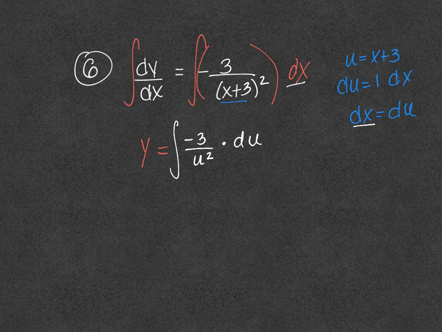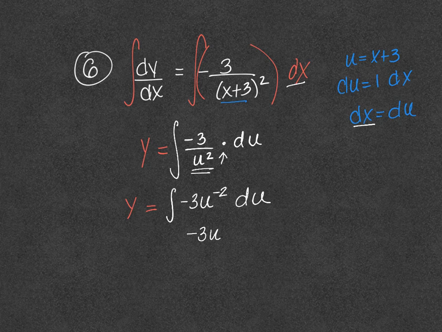Before I can integrate this, I probably should take this exponent and bring it upstairs. So I'll have the integral of negative 3 u to the negative 2 du, which is equal to y. And we can continue the same way. Add 1 to the power and divide by that power. When I add 1, I get negative 1.